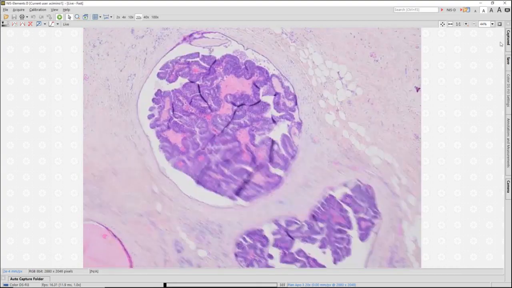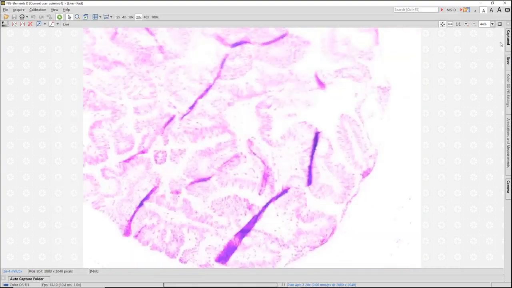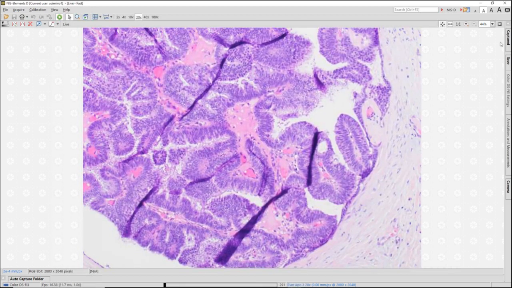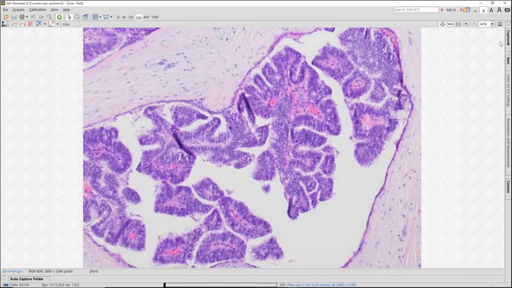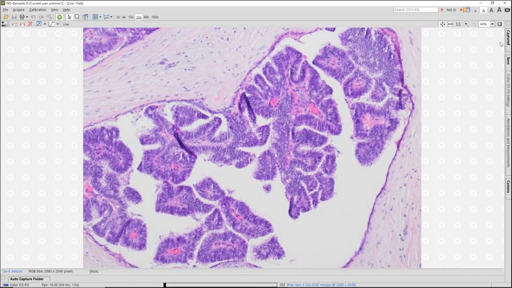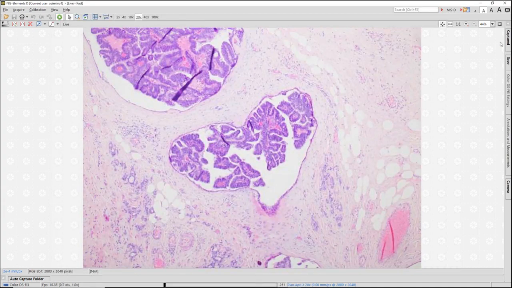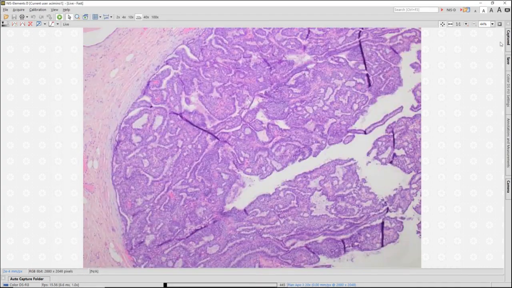So we have this intraductal process, which has fibrovascular cores, hyperchromatic tubular appearing nuclei, delicate arborization. We can look at the myoepithelial cells and decide whether it's encapsulated papillary carcinoma or papillary DCIS.